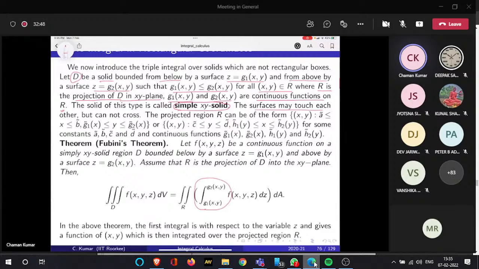The surfaces may touch each other because you have equality, G1 equal to G2, but cannot cross.